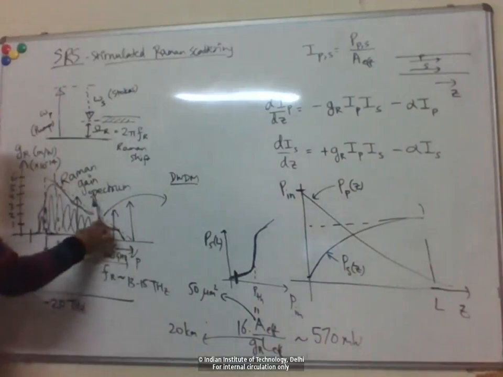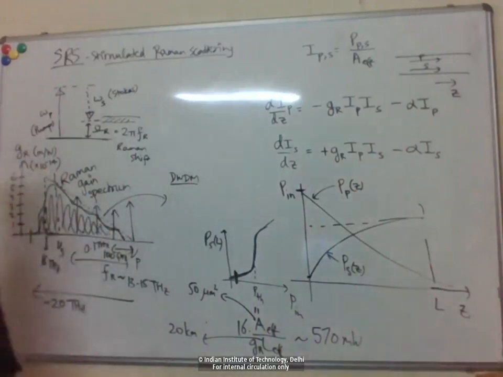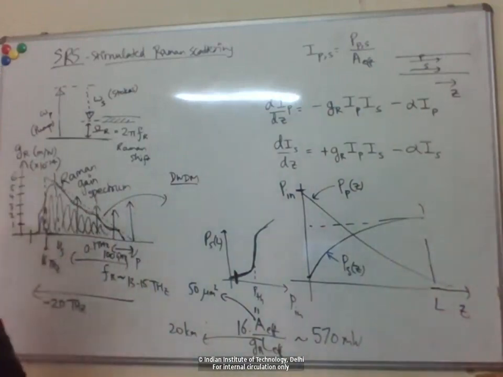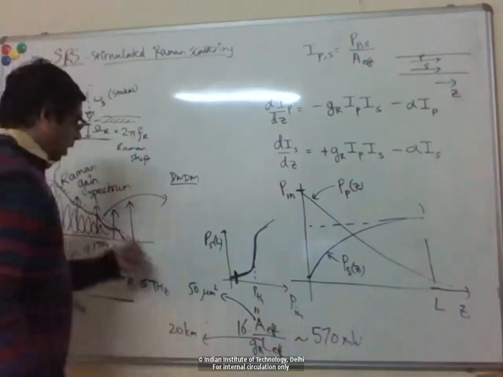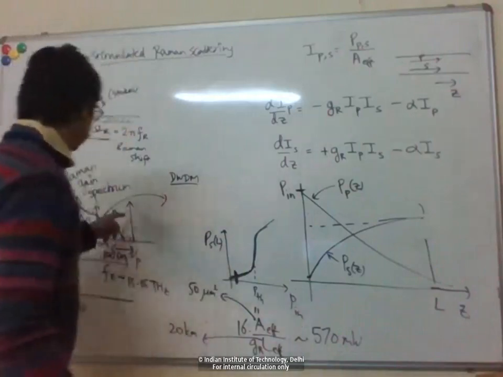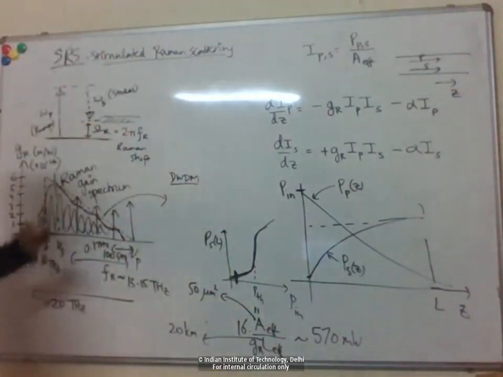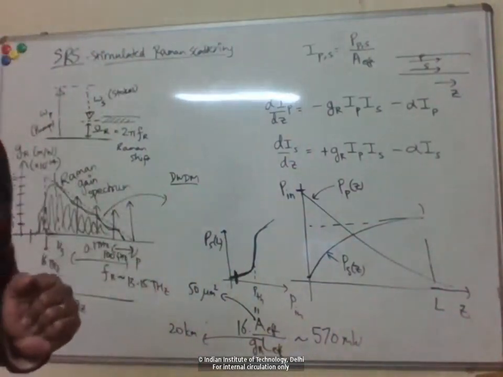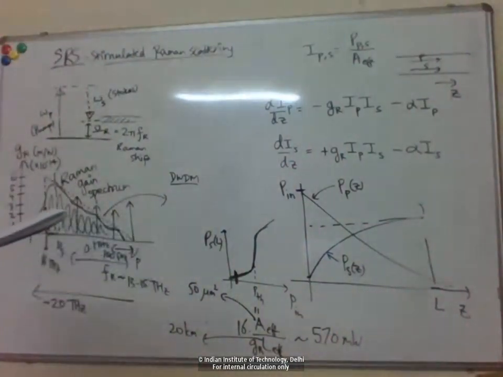So you can see a lot of wavelength channels will fit within this, and all of them will now transfer power to each other. Maybe small, but because you have so many channels coupled to each other, that will lead to distortion in the data.